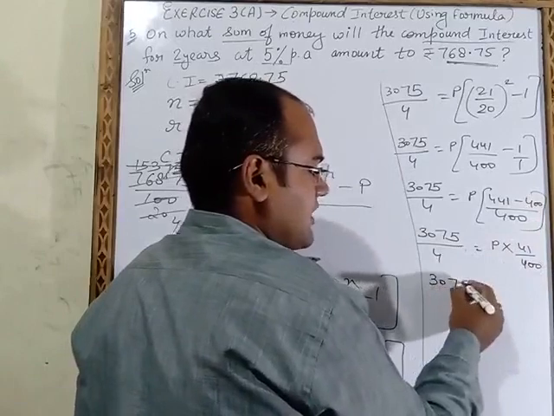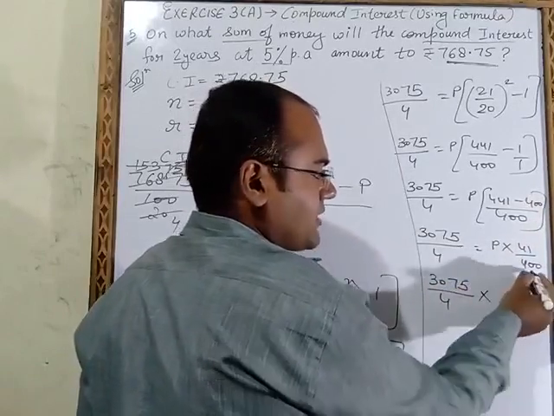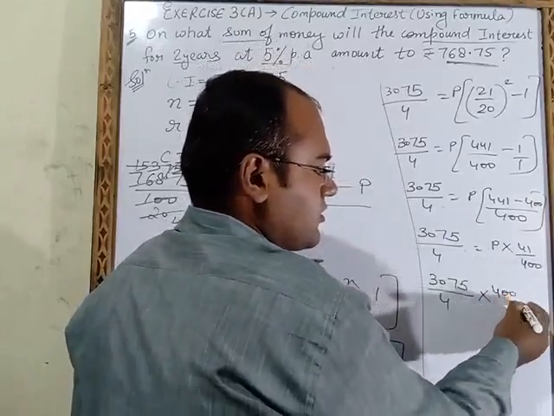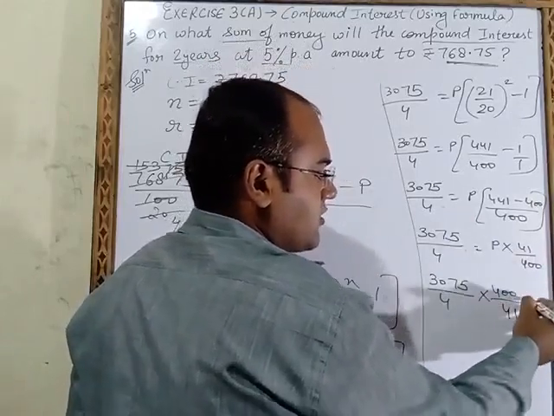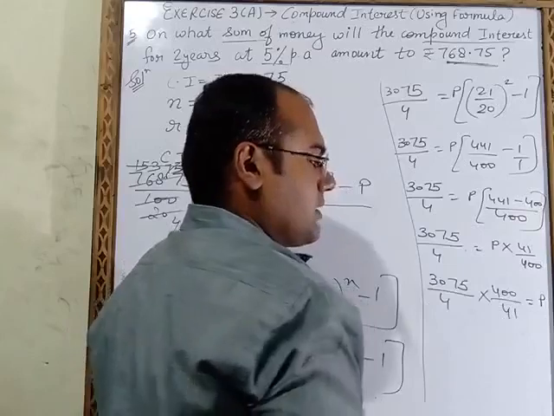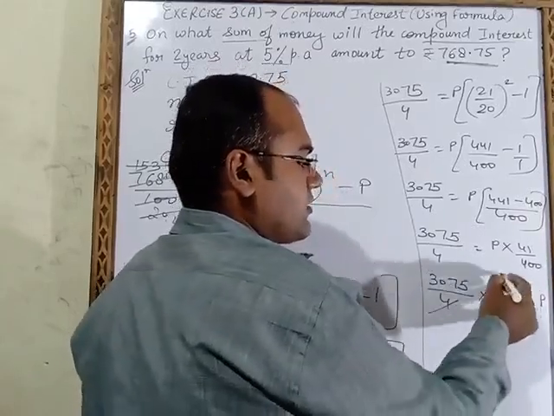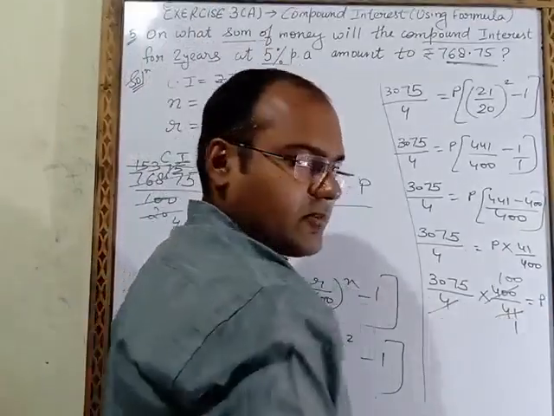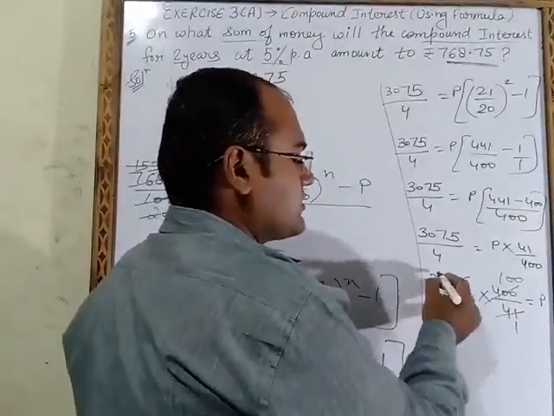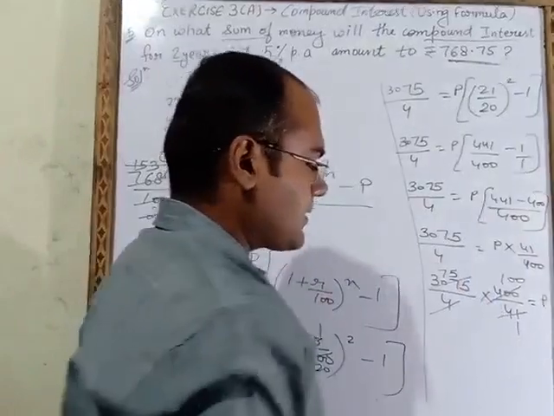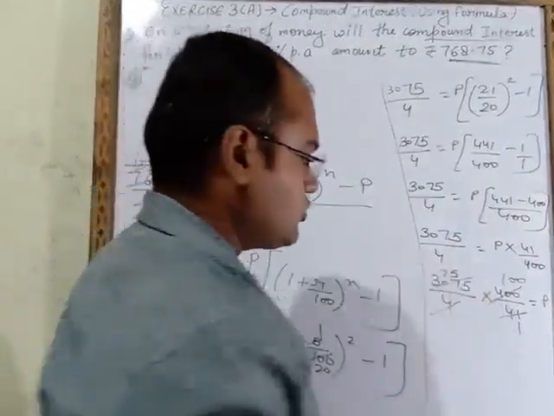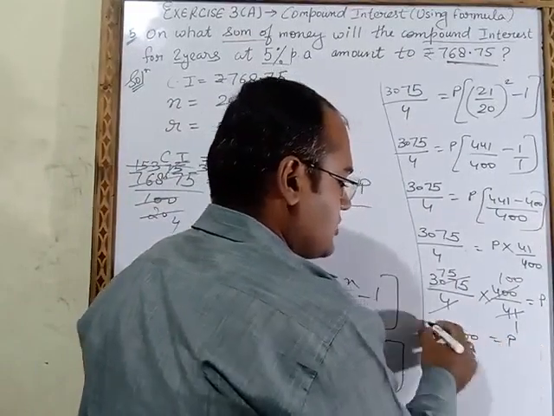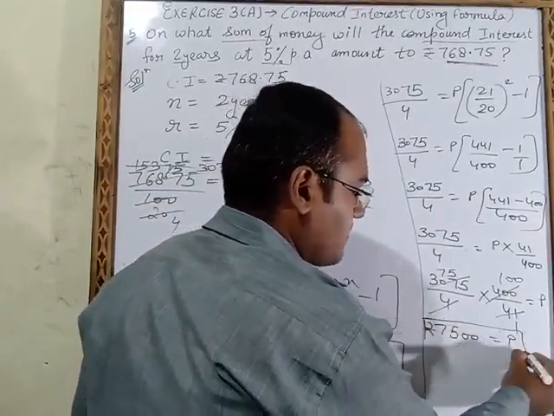Now 3075 upon 4 multiplied by, this 400 is in the denominator, so we will bring it to the left side, it will come in the numerator, and this will come in the denominator, is equal to P. Now 400 divided by 4 is 100, 41 divides 3075 to give 75. Now we will multiply these two, so 7500 is equal to P. So this much rupees is the principal.